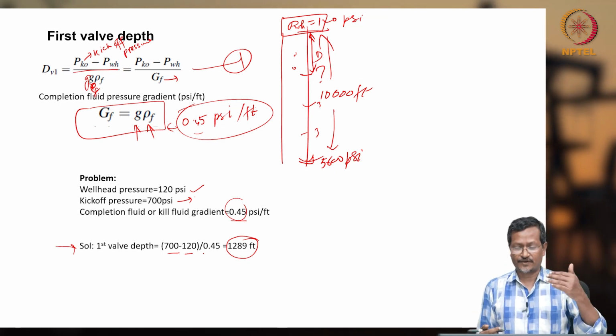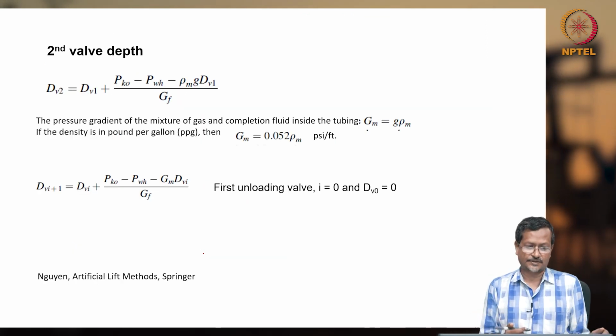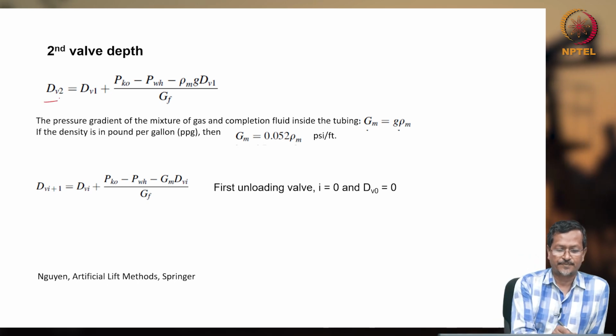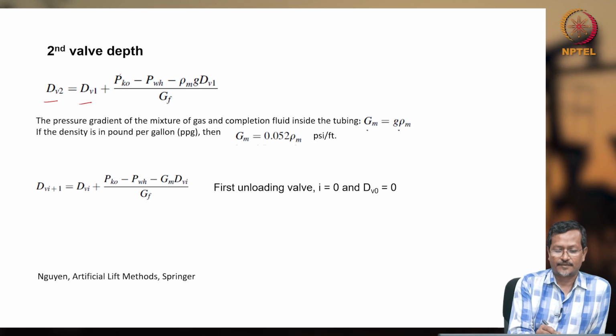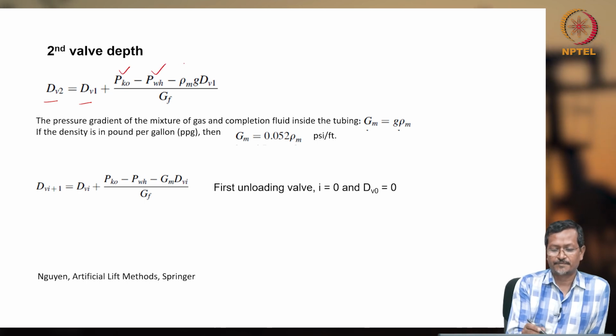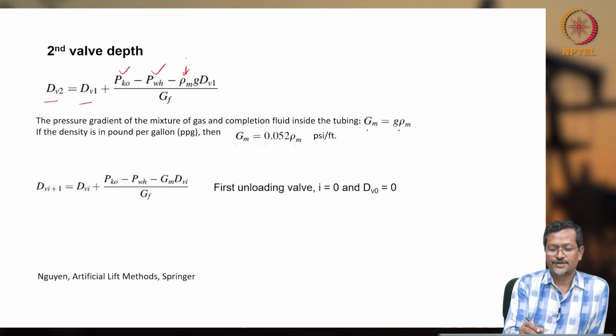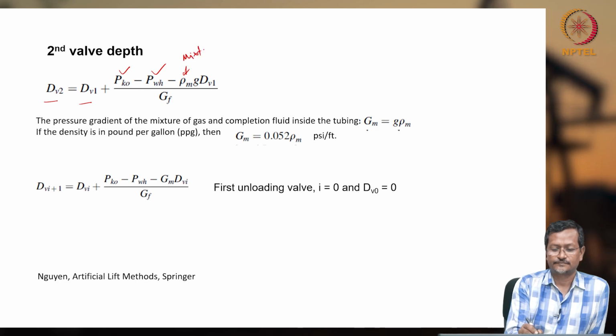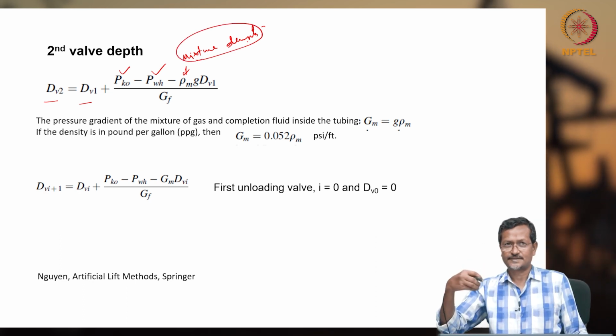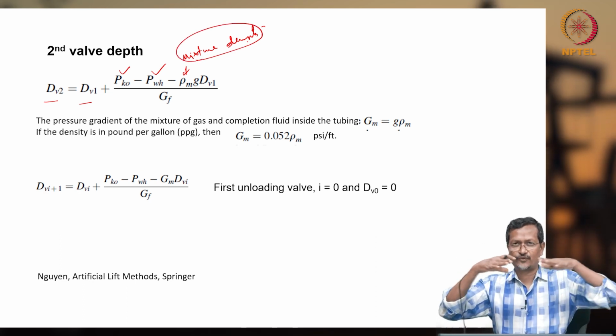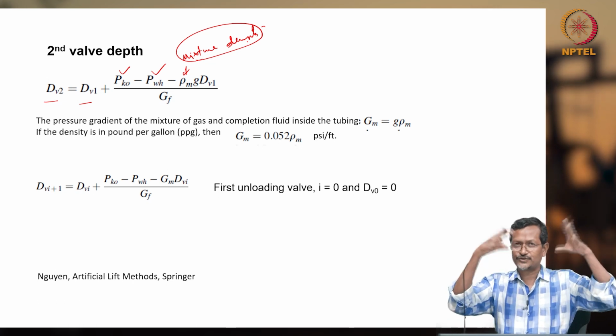Now what will be the second valve depth? You go to the next formula. The second valve depth will be dV1, the first valve depth, plus kick off pressure for the second valve minus wellhead pressure, divided by rho m, the mixture density. Why mixture density? Because you have already injected gas. Initially we assume the kill fluid is purely liquid, there is no gas.